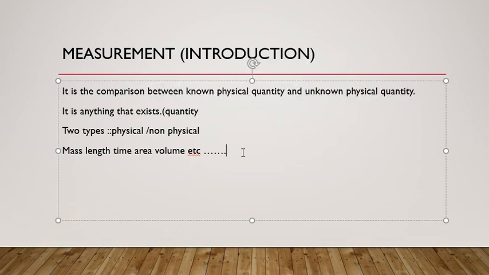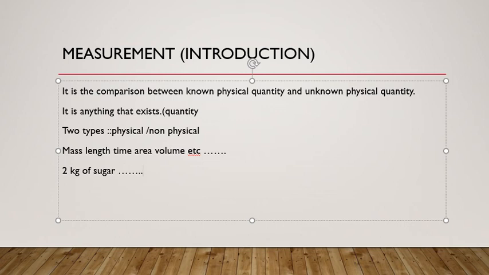Known physical quantities refers to those quantities which are already measured, which already have a certain measure, like 2 kg of sugar. So for me, that packet of sugar which is 2 kg is a known physical quantity.